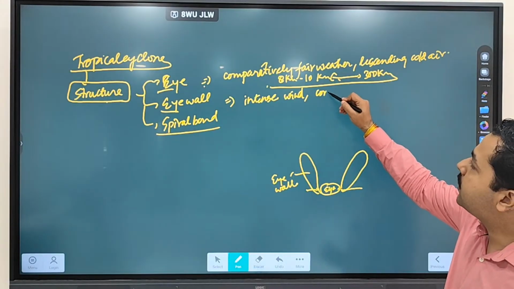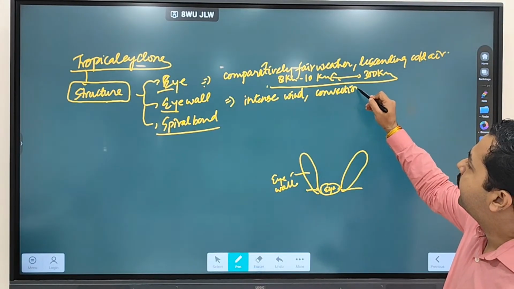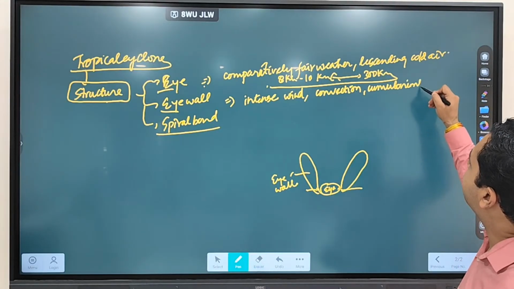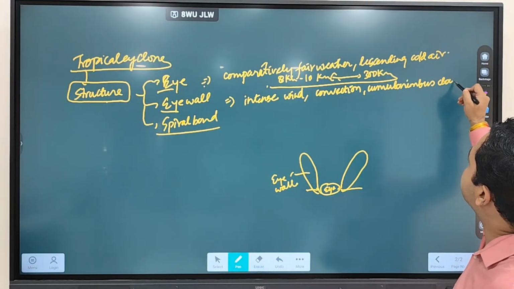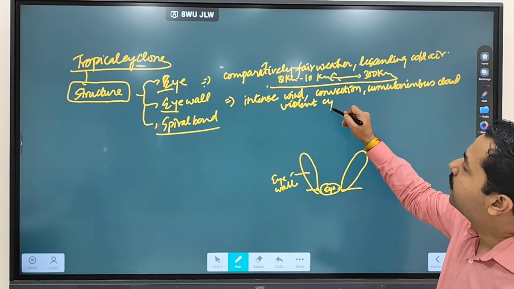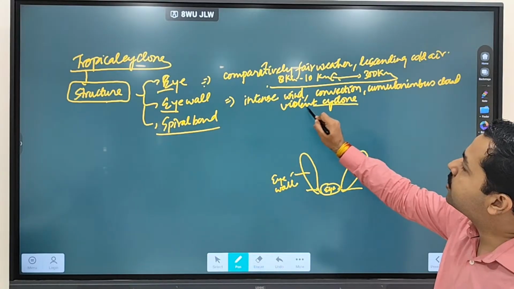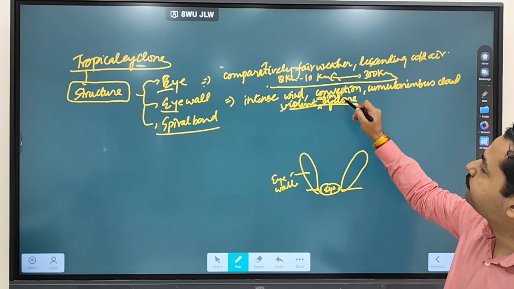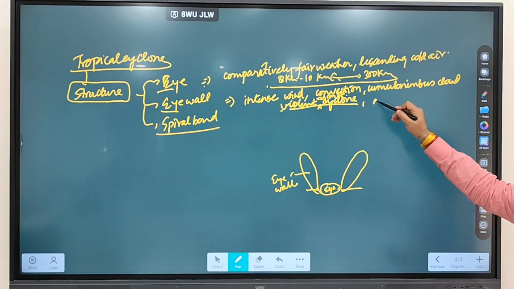Intense convection will happen. Cumulonimbus type of clouds are going to be formed. It is the most violent region of a cyclone. It is where you see maximum rainfall.